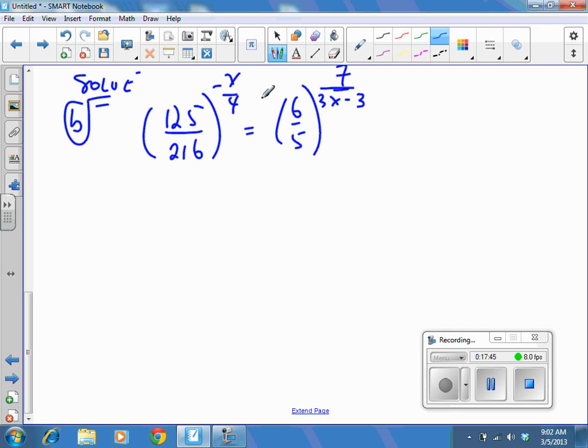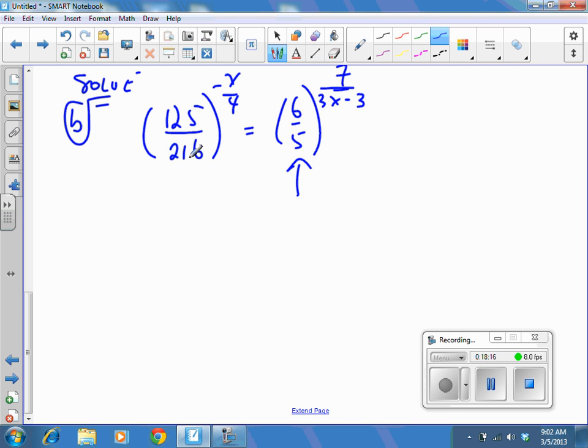This is exponential because of the variable. Next step, make the bases the same. Clue: 6 and 5. 6/5 is the base over here. That's a multiple of 5. That's a multiple of 6 probably. Check it out. 125 is 5 cubed. 216 is probably 6 cubed.